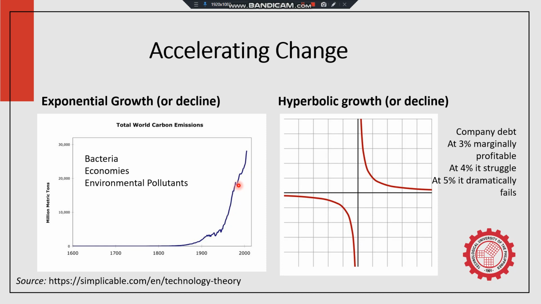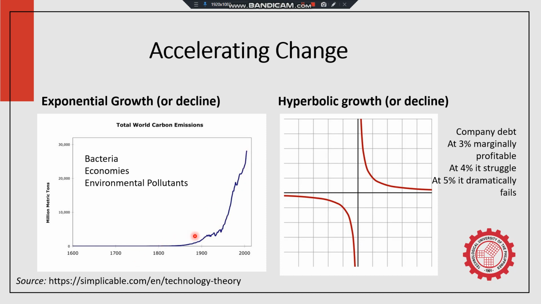Now, notice that for the exponential growth, at the onset or the start, there is a slight increase in terms of millions of metric tons. So the carbon emission has a slight increase from the mid 19th century, but up to the year 2000 it's increasing fast.